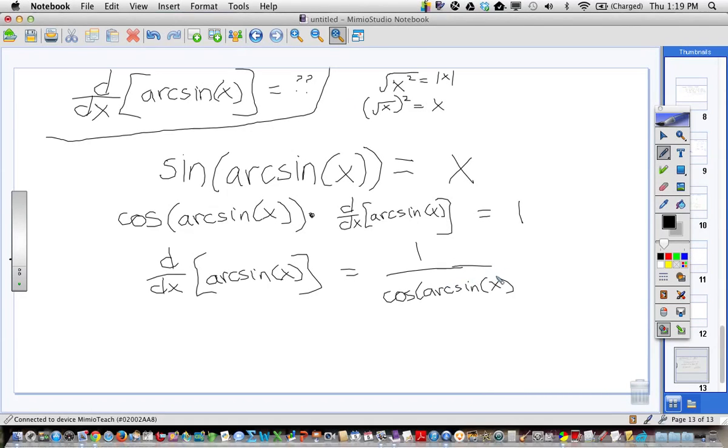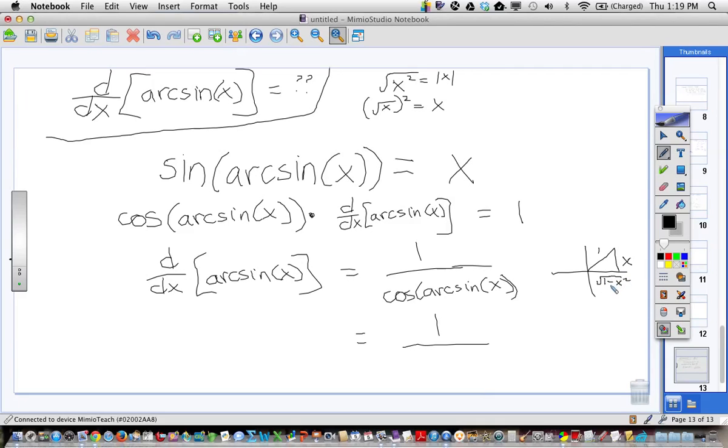So this bottom thing, I should be able to draw a picture. What kind of a triangle would have arc sine of x? Where would the sine equal x? Opposite over hypotenuse. So this down here would be what with Pythagorean theorem? The square root of 1 minus x squared.